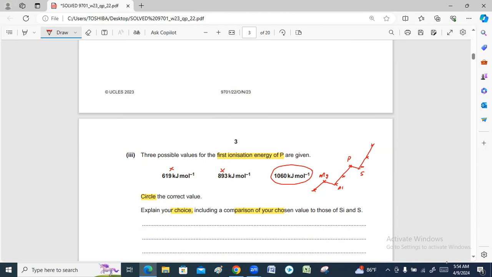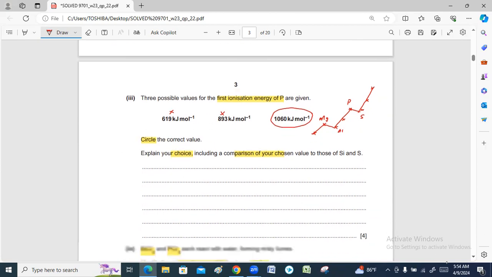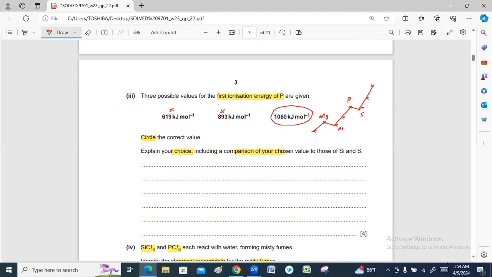Explain your choice, including a comparison of your chosen values to those of silicon and sulfur. If we compare the value of phosphorus with both silicon and sulfur: here is silicon, this is 14, this is 15, and this is 16.